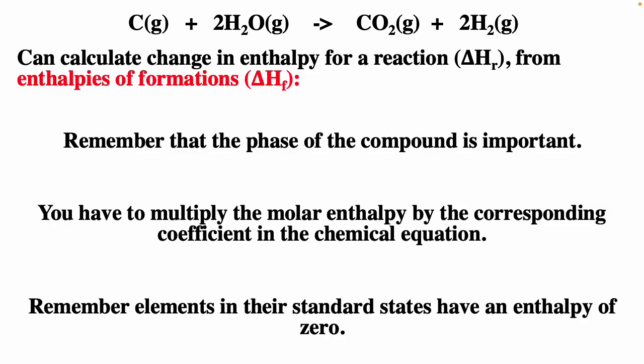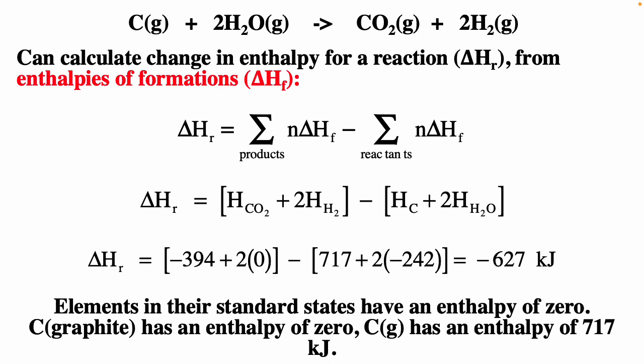If we want to do enthalpies of formation, we do products minus reactants. Remember that elements in a standard state have 0 enthalpy of formation. So we have products, CO2, 2 times H2, minus reactants, carbon gas, plus 2 times H2O gas.